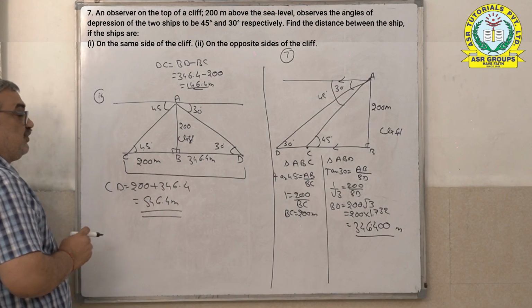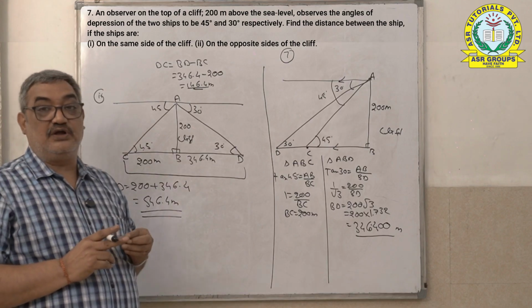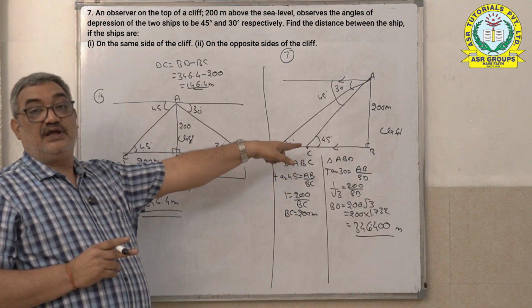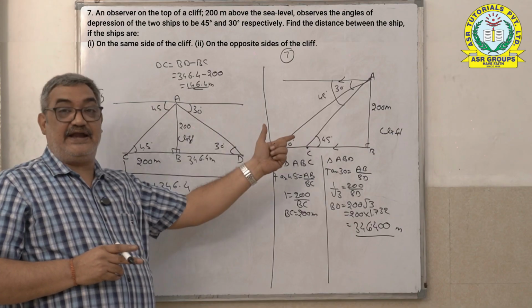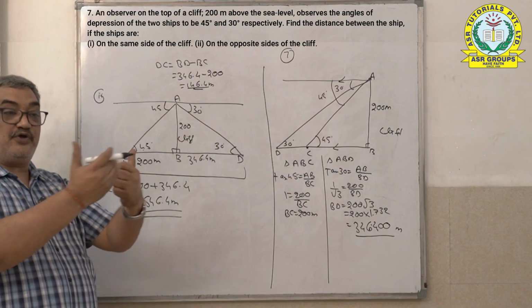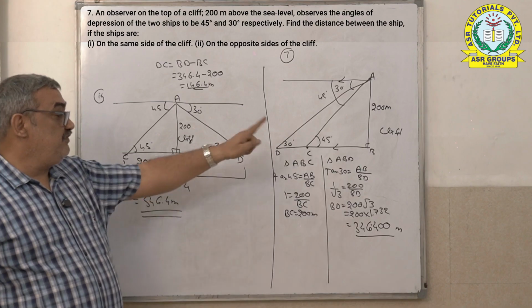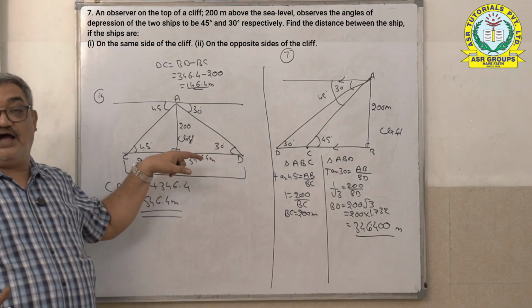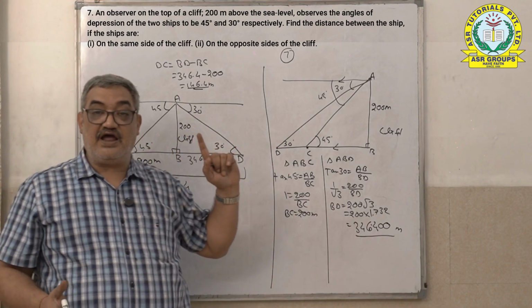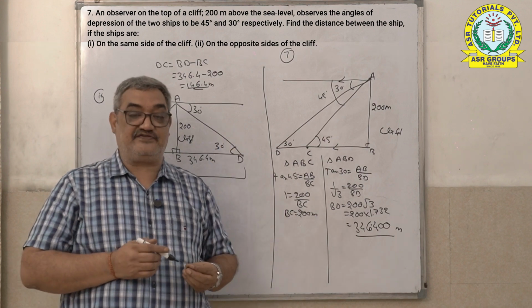This is a very important question. They ask in the board also. Here we asked when the ships are on the same side and here ships on the opposite side. We found the distance and we found the distance. Got it? Now we'll move to next sum.